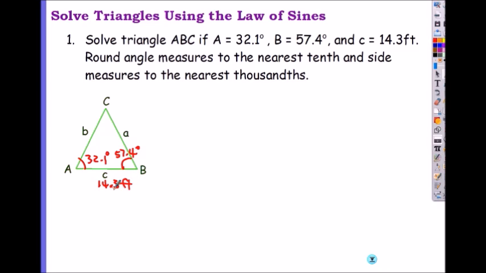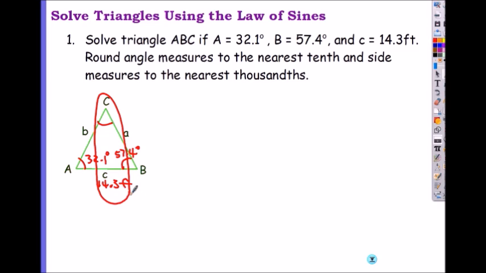When can we use law of sine? When you have matching side and angle. But do you have any matching side and angle here? No, but if two angles are given, can you find the third angle? Yes. Then once you find C, you have this matching side and angle. Do you guys see it?